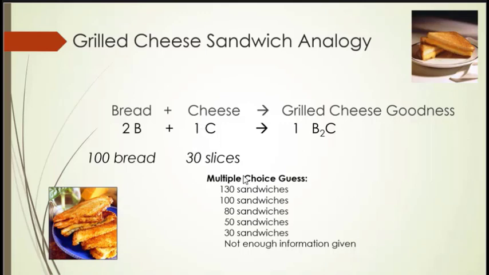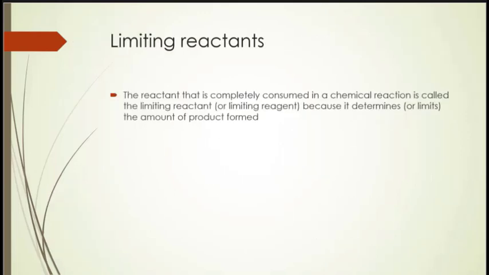And so if I had 30 slices of cheese, I should be able to make 30 sandwiches, because this is a 1-to-1 ratio. So the limiting reactant is the reactant that is completely consumed in a chemical reaction. It determines or limits the amount of product that's formed.